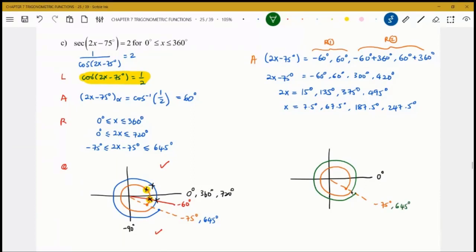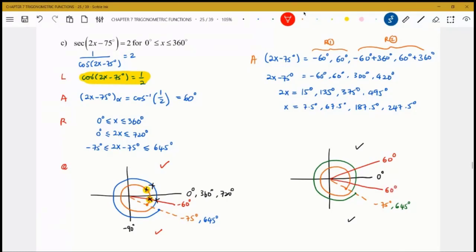Okay. Kita tahu cos positif adalah pada first dan juga fourth quadrant. Okay. So angle kamu akan cari bermula pada range di mana dia start lah. So range kita akan start daripada negatif 75. Okay. So acute angle kita tahu dia mesti lies di sini 60, di sini 60.